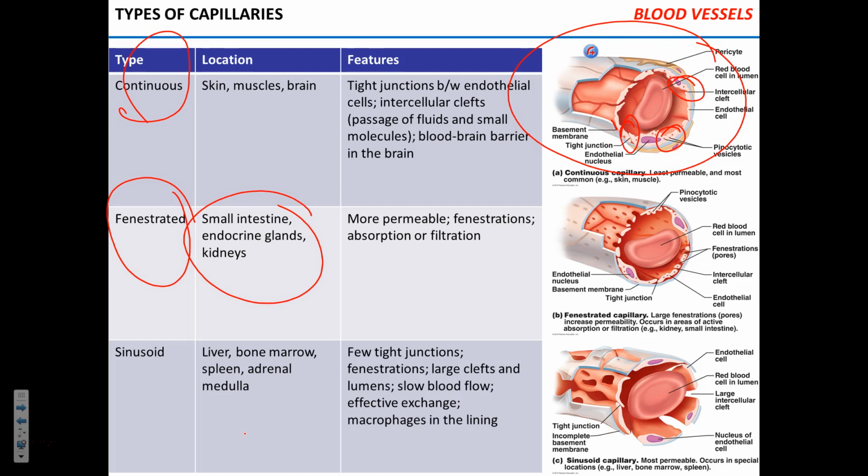So fenestrated is sort of an ideal balance between permeability and mechanical, quote-unquote, resilience. In fenestrated capillaries, you start seeing openings that are originally called fenestrations. Those openings allow transport.